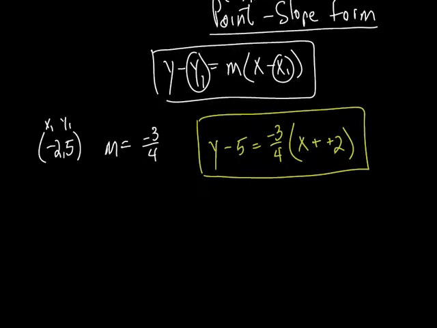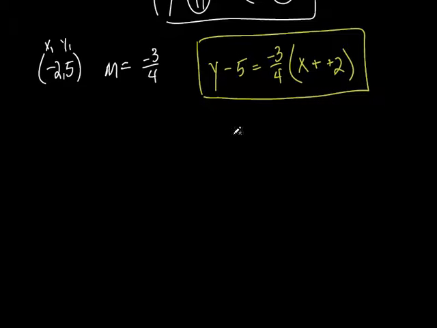Let's do the math real quick. We're starting to run a little short on time, so let me go a little quick. Y minus 5 equals... What would we do to get y by itself? Distribute this 3/4 through here. So it's negative 3/4 x minus, because it's negative times positive, 3/4 times 2.